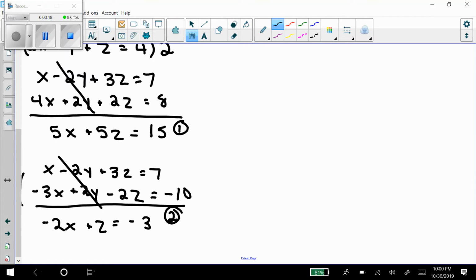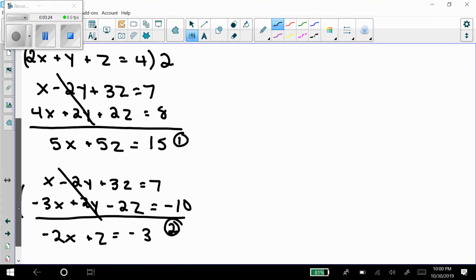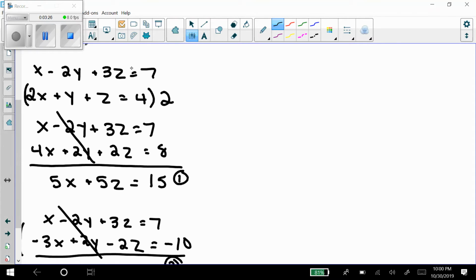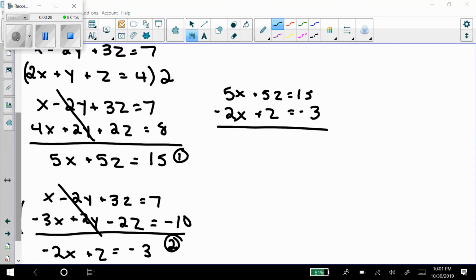So we got our system of 3 equations with 3 variables down to a system of 2 equations with 2 variables. So I'm just going to rewrite these systems. Now I want to use elimination again to cancel out another variable, and then ultimately I'm going to have one variable and then I can solve for it.